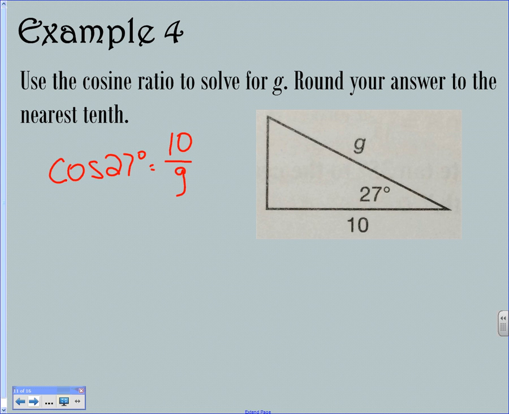Do you agree? Okay, now what would we do? Multiply by g, okay.